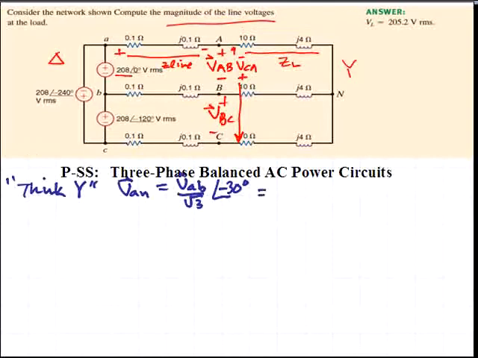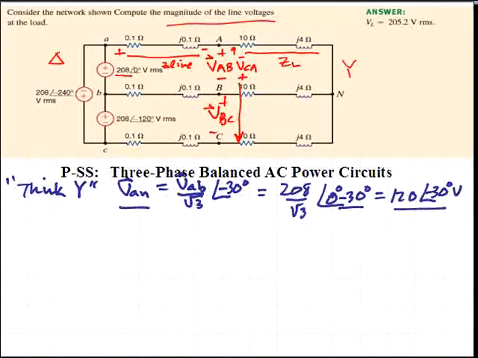This would equal 208 divided by the square root of 3 at an angle of 0 degrees minus 30 degrees, which is equal to 120 at an angle of minus 30 degrees volts for that VAN phase voltage.